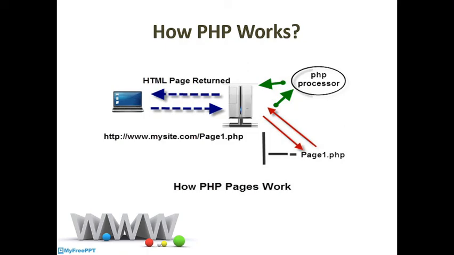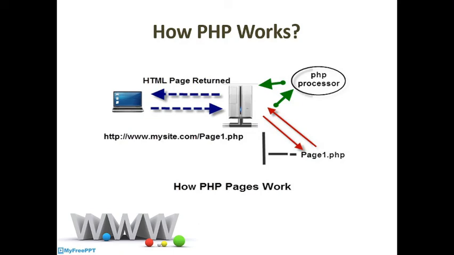Then that request is first of all pre-processed by the PHP processor, or we can say the PHP parser, and then the server sends the response. That response is in the form of HTML.